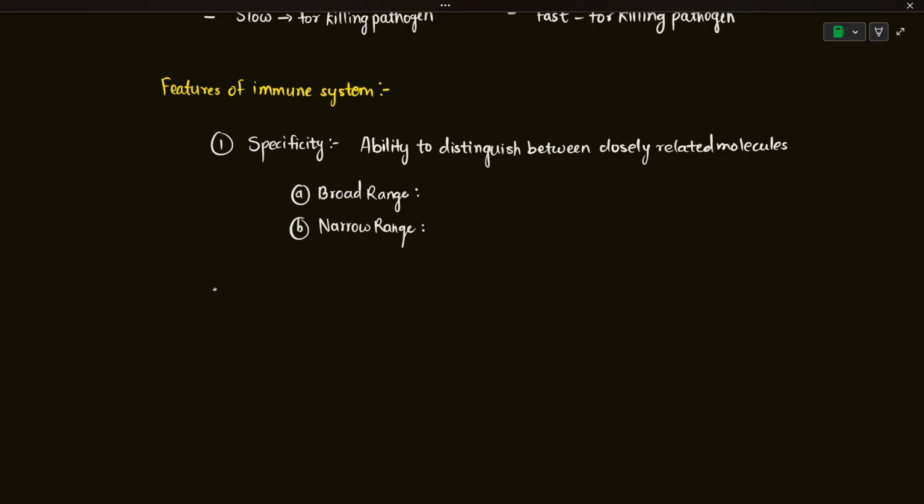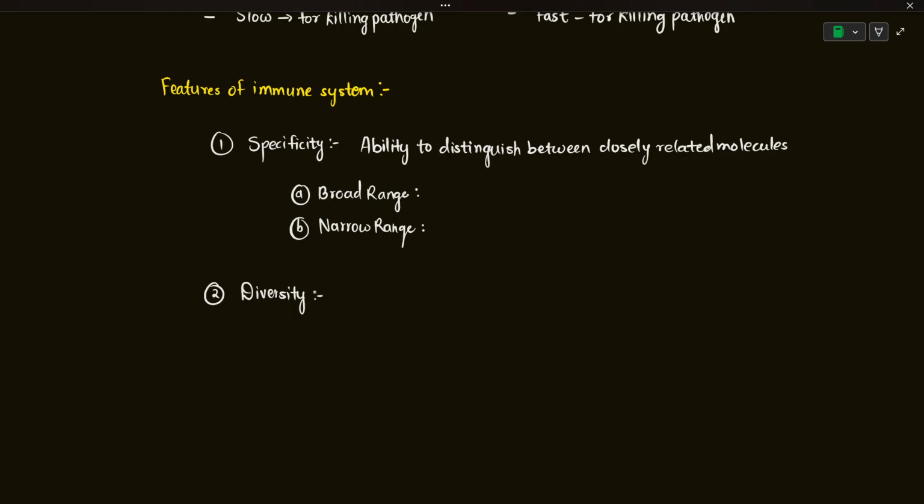The other feature that our immune system has is diversity. So diversity is the ability of our immune system to recognize a diverse amount of molecules. I already discussed that it can identify viruses, bacteria, fungus, and parasites.